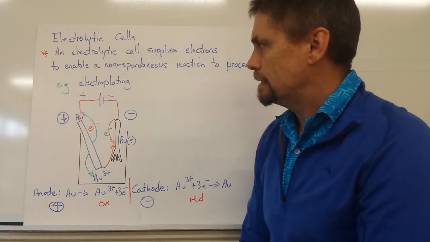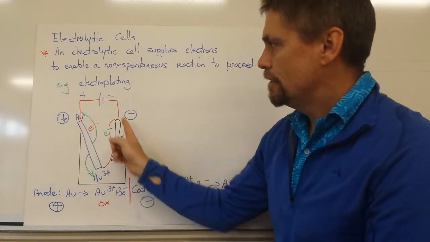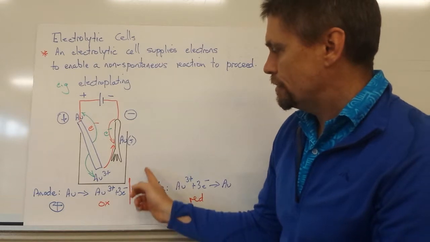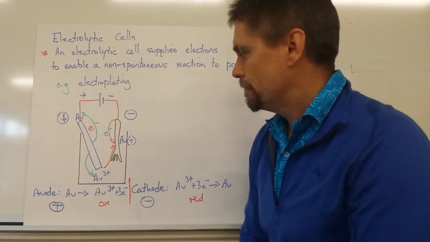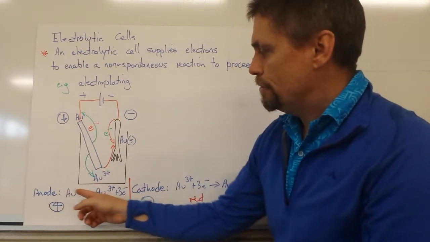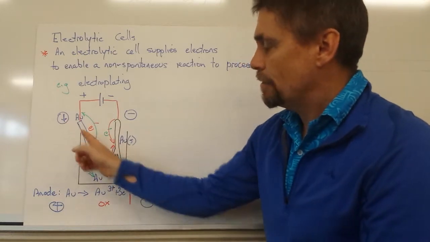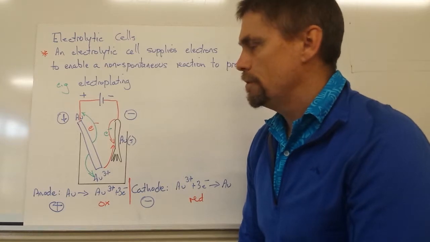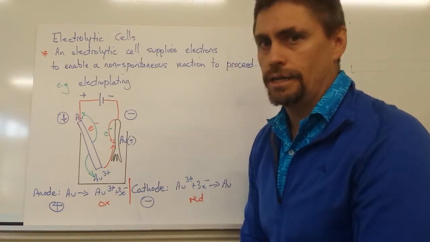In an electrolytic cell, because we've hooked up our item to be plated to our negative terminal, we say that the cathode, or that part being reduced, is the negative component. And likewise, we say that our anode, which is where oxidation takes place, is the positive electrode. So that's the reverse process for our electrochemical cell to our electrolytic cell.